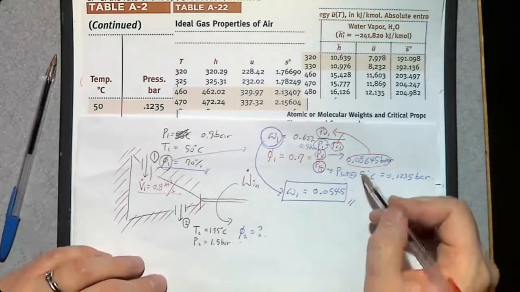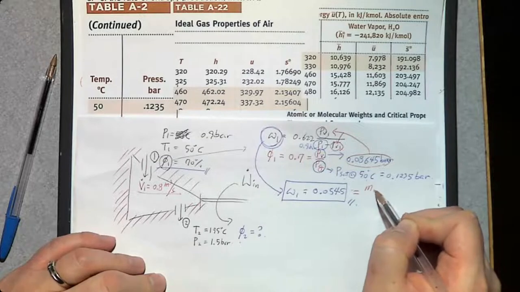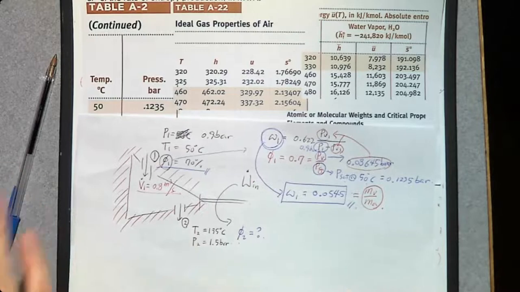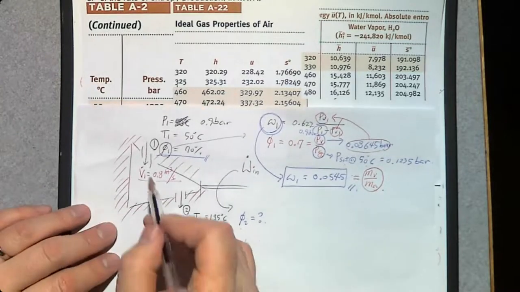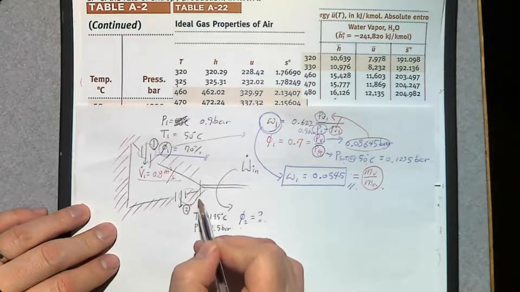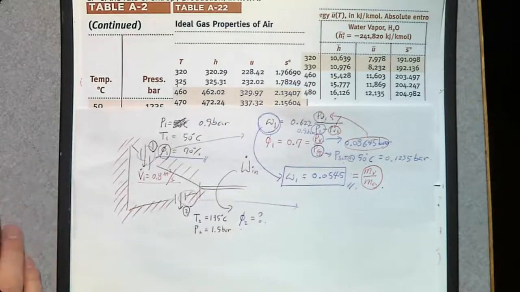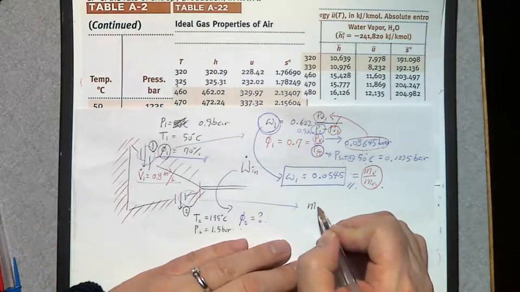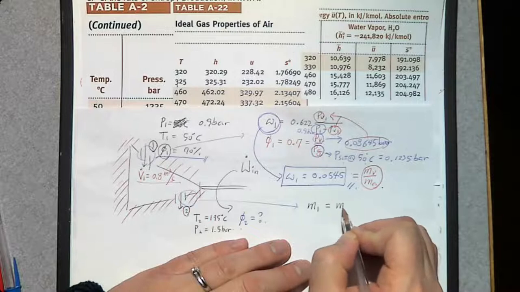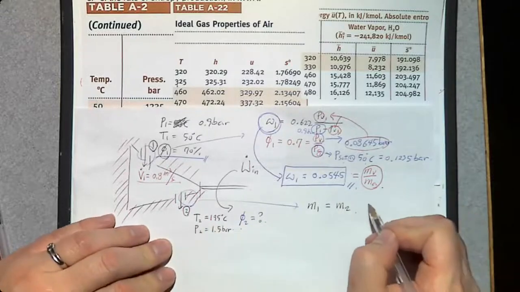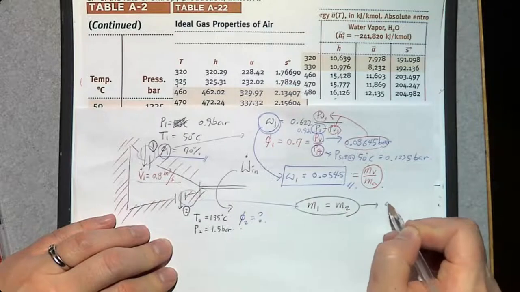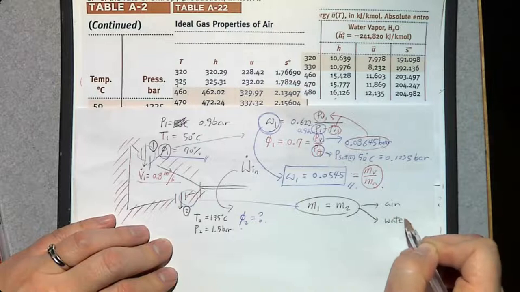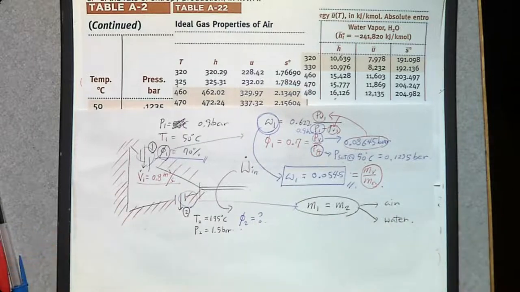This humidity ratio is mass of water vapor divided by mass of dry air. Now, if you consider conservation principle between number 1 and number 2, mass at the inlet should be the same as mass at the exit. We can use this equation for air, and we can also use this equation for water vapor, assuming that there is no chemical reaction between air and water.